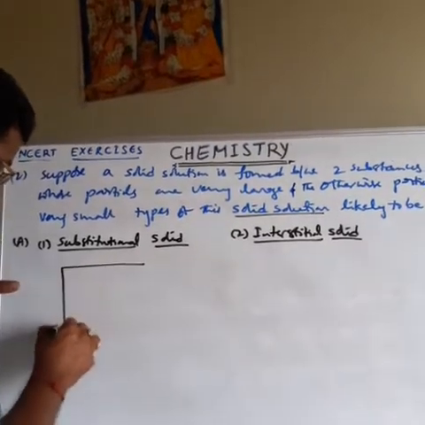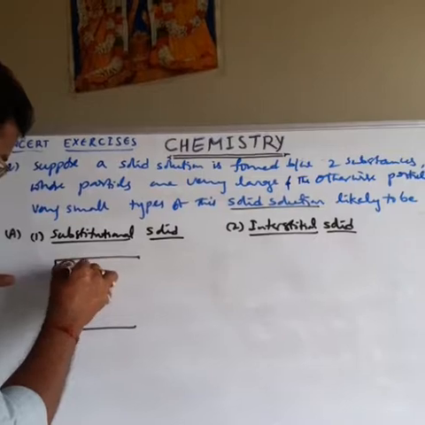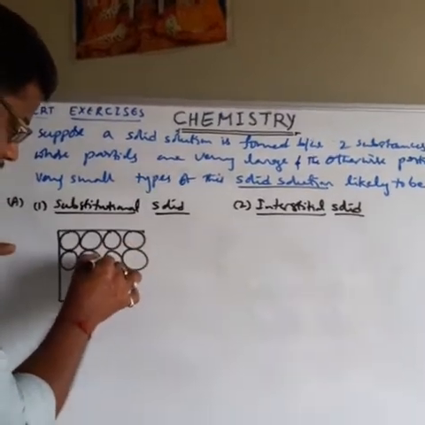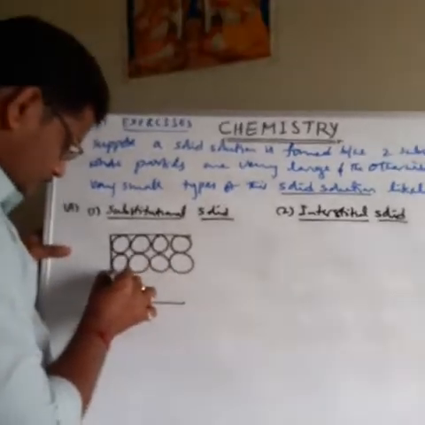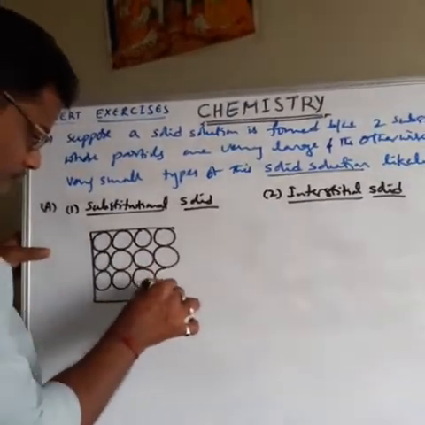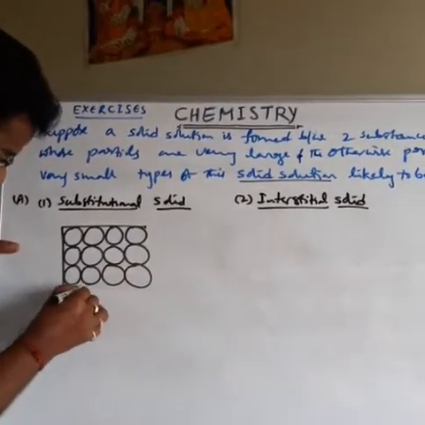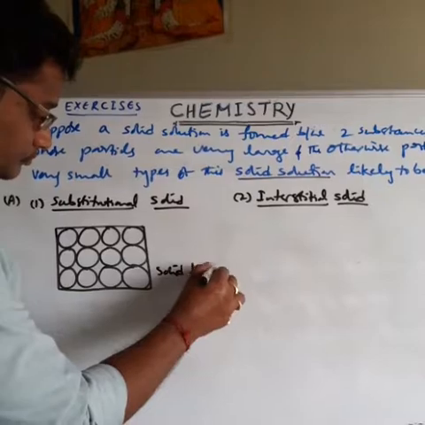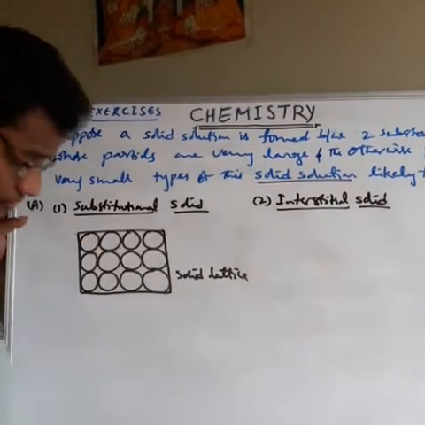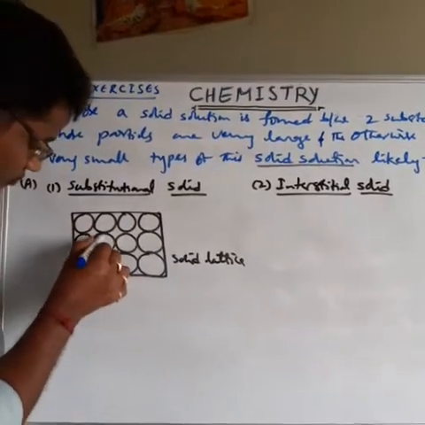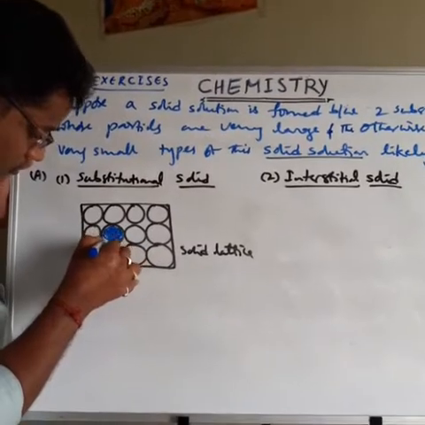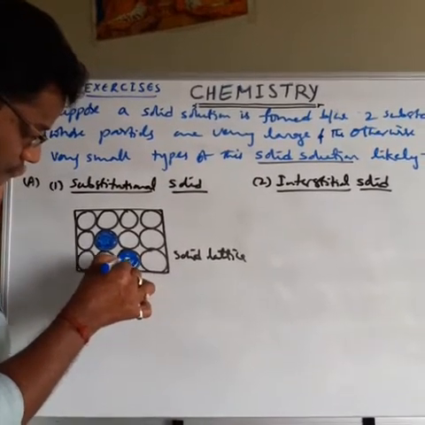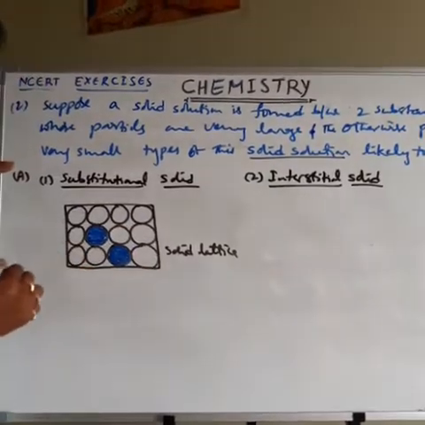See an example. So this is a solid lattice. Here, the blue shaded particles are solute particles. The white particles are solvent particles.